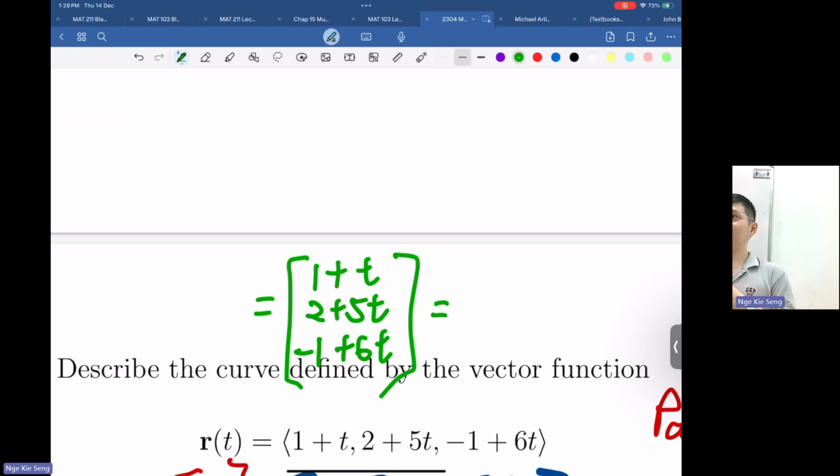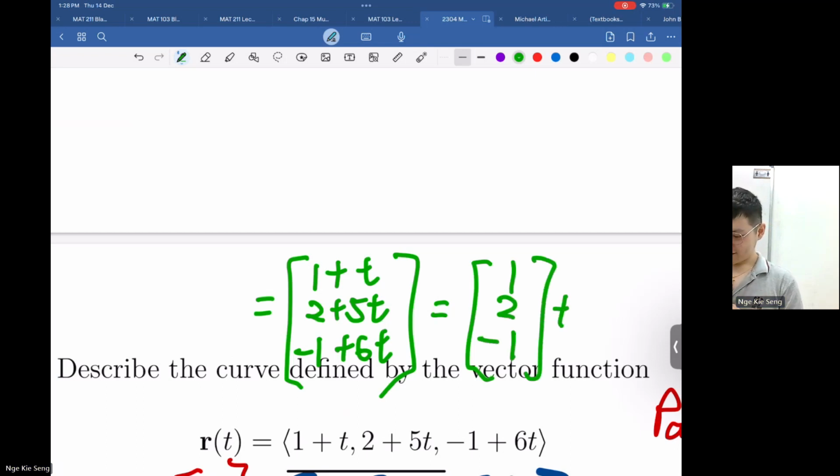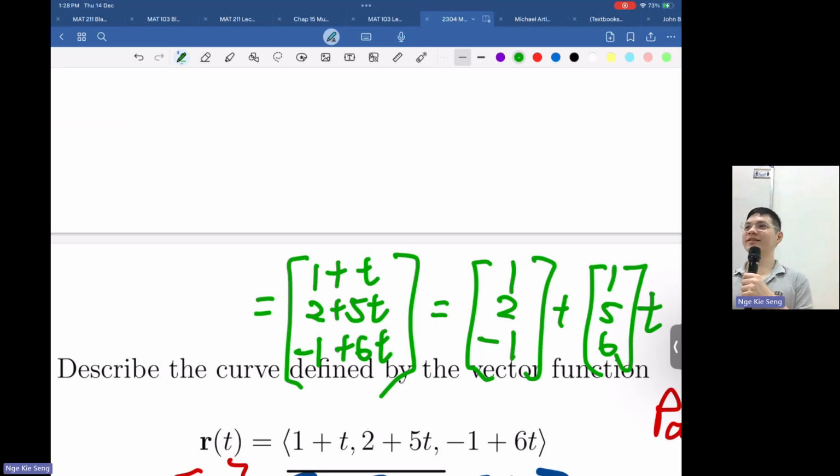Solution to some null space? No. t is a free variable. Yeah, so what is this? I think I talked about this last time.